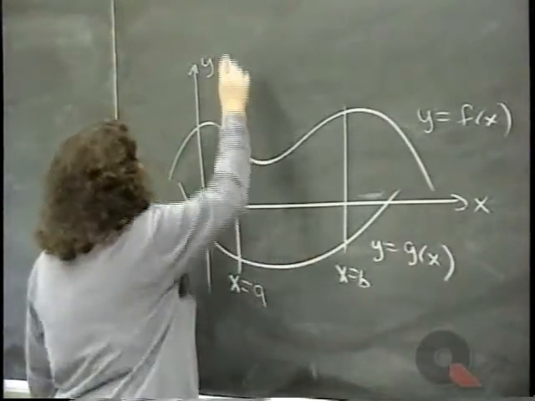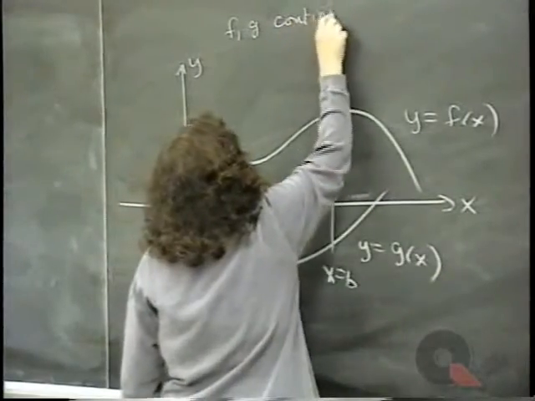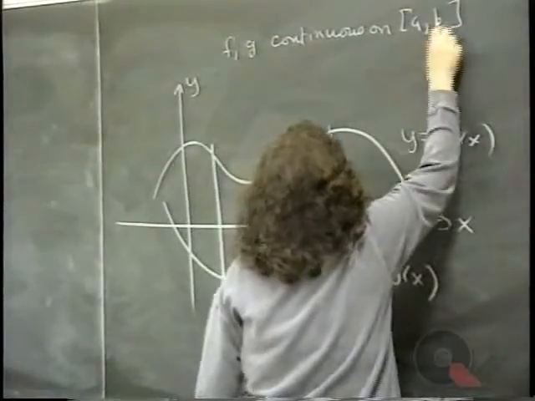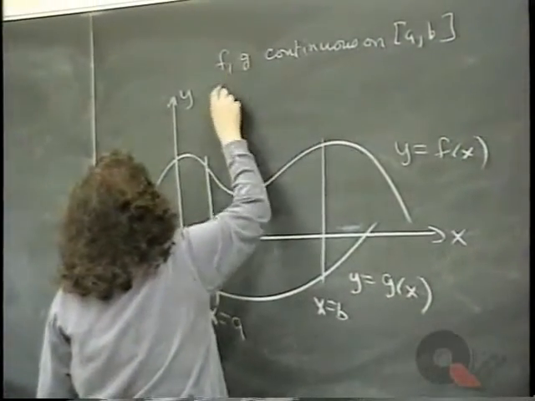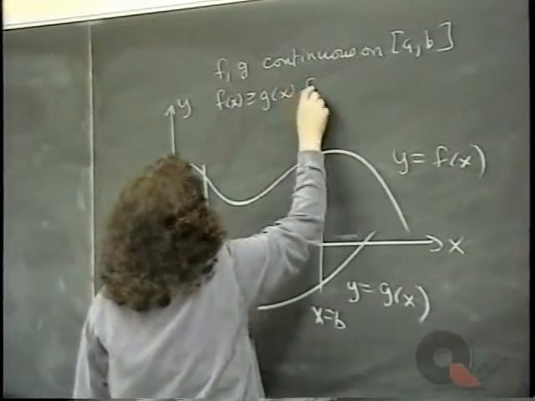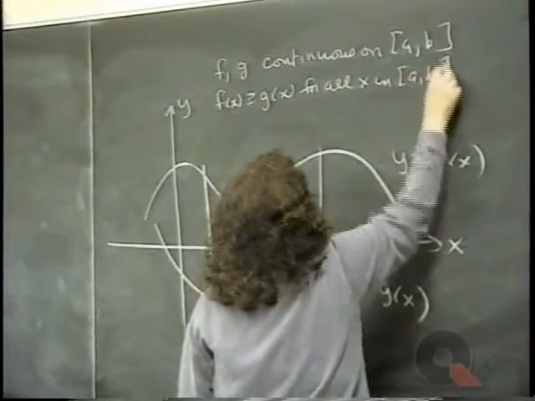And we assumed that the functions f and g were continuous on the closed interval a, b, and that, furthermore, f of x was greater than or equal to g of x for all x in the closed interval a, b.